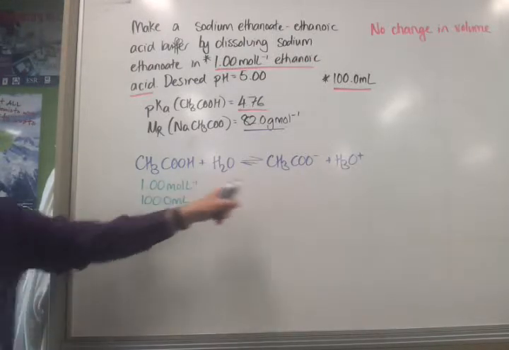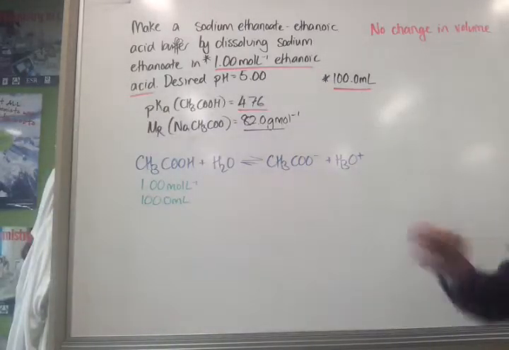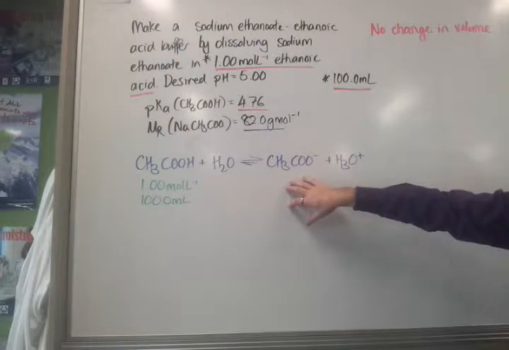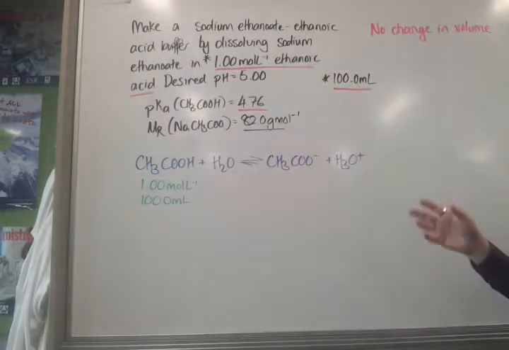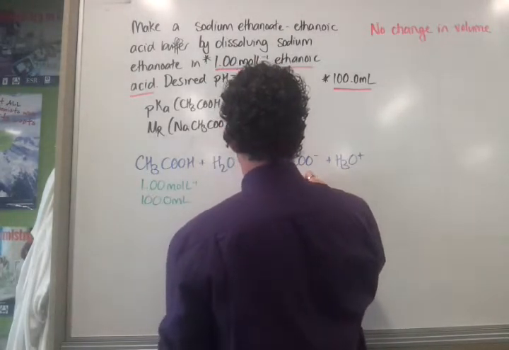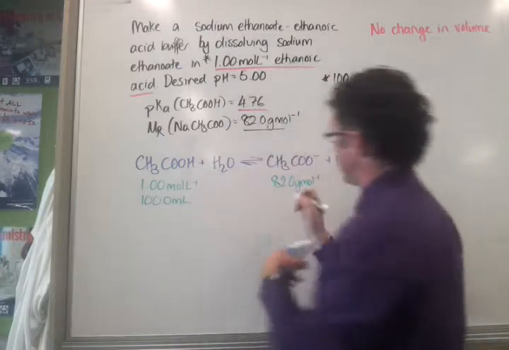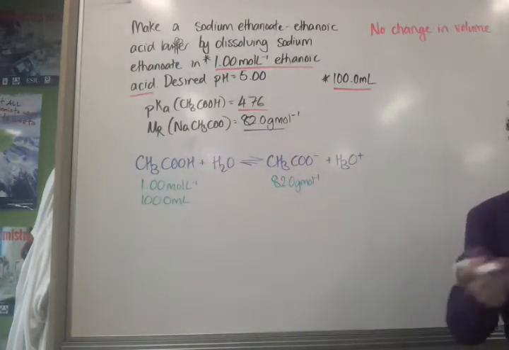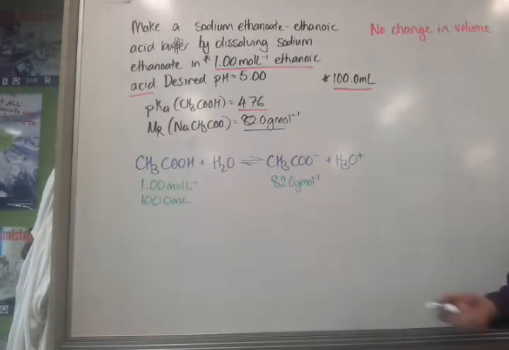I know that I've got this in the form of sodium ethanoate. This is going to be one of my unknowns now, but I do know that the molar mass of the salt that it comes from is 82 grams per mole. So even though the sodium's not shown in this equation, I've got to remember that it is there. When I add it as a salt, the sodium is present.